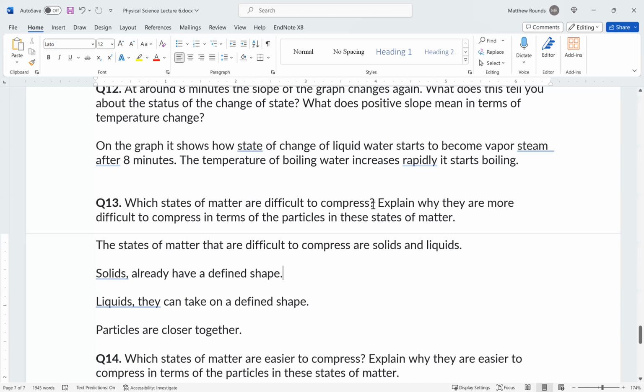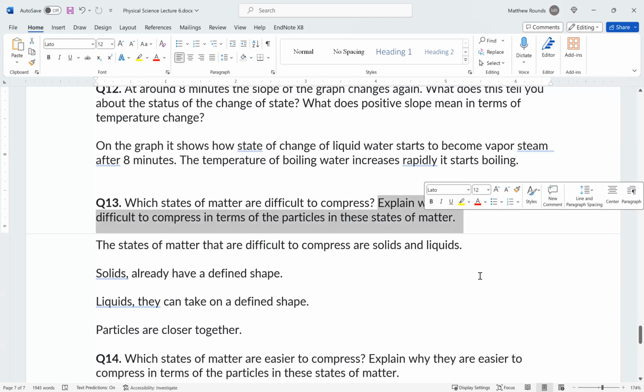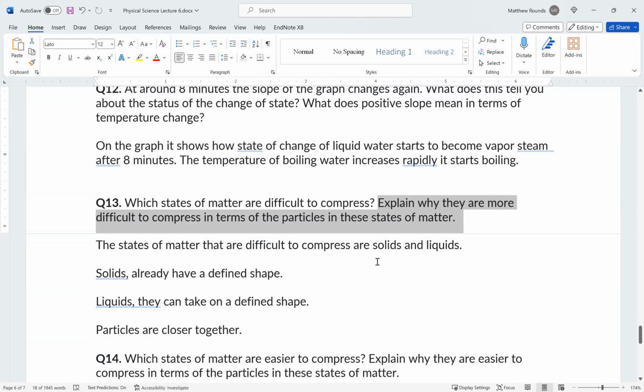So I'm asking you to answer this second question. Explain why they are more difficult to compress in terms of the particles in these states of matter. You can include anything here that I've written, but I'd like you to also reuse some of the words from the question here as well. All right.